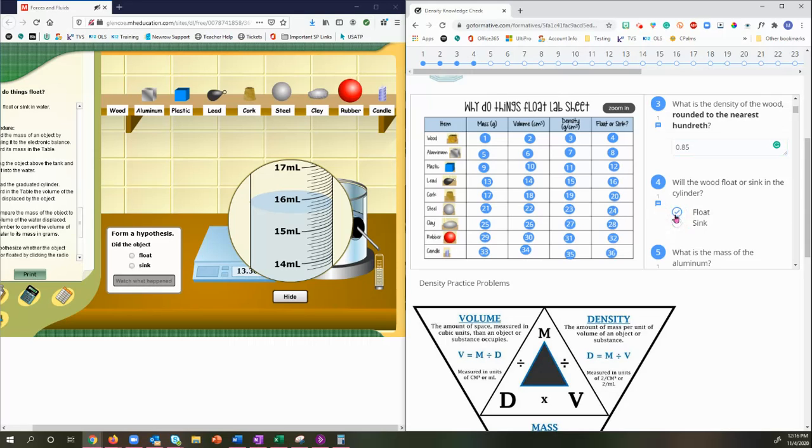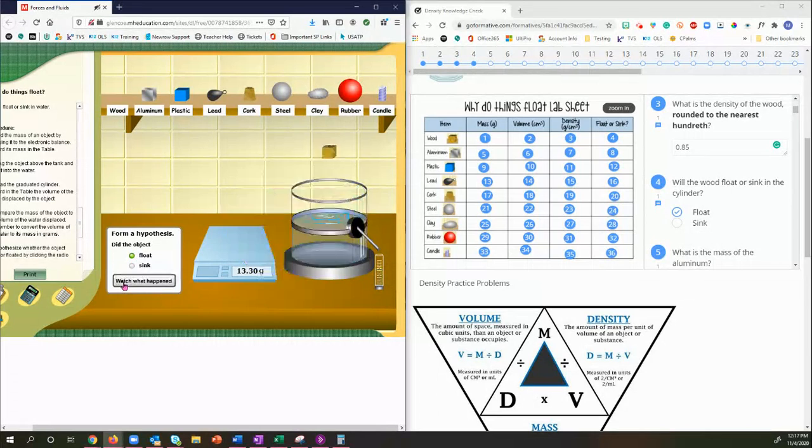I'm going to mark off float. Then to check my answer for number 4, I'm going to put my answer over here, float, and click watch what happened. It removes the cover and shows me that, yes, in fact, the wood is floating. That's number 4. Then I'm going to keep doing this same process until I finish all of these items.